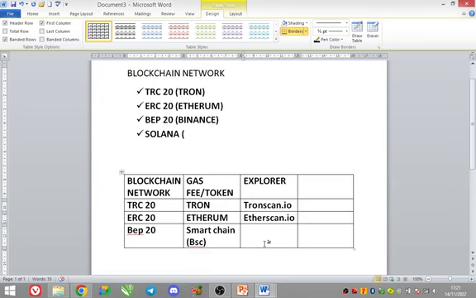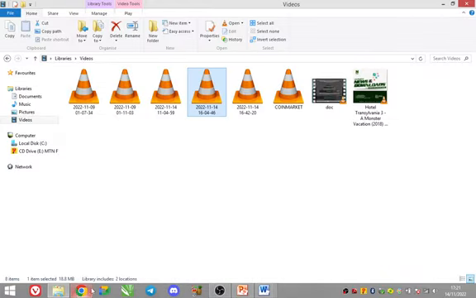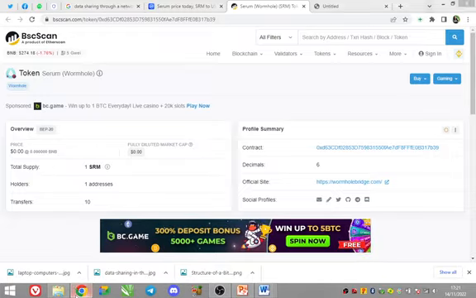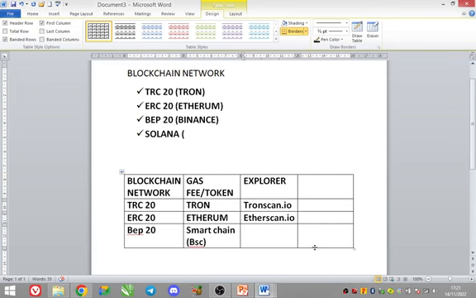Its scan is actually known as BSCscan.com.